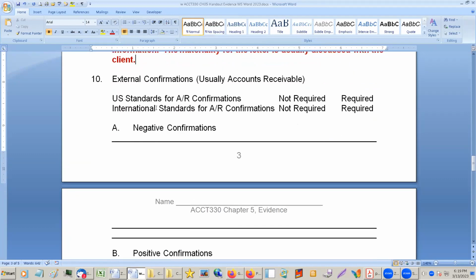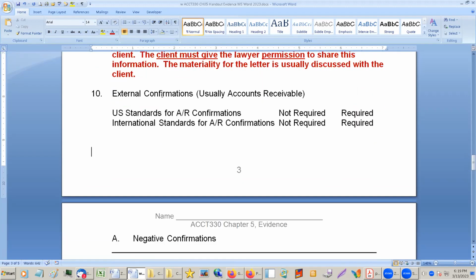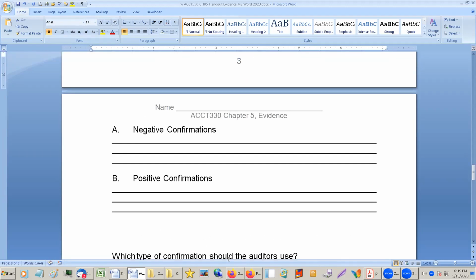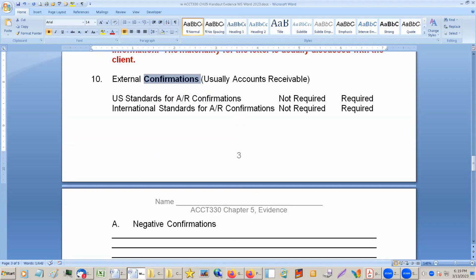Okay, external confirmations. I'm going to go on the second page here. Confirmations. We'll talk about this in a second. US standards for confirmations: they are required for accounts receivable.